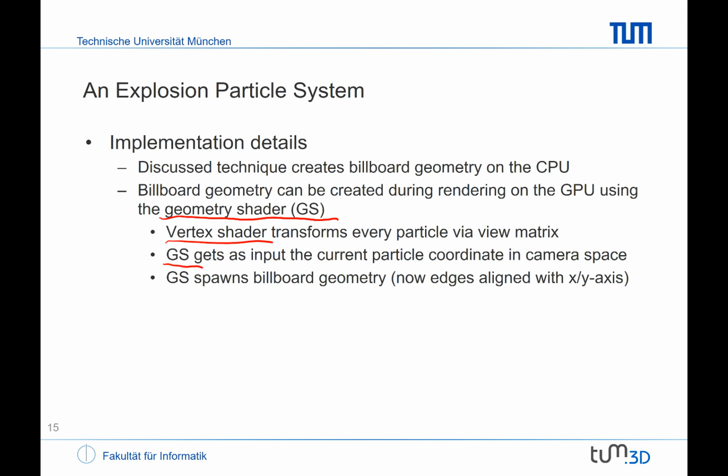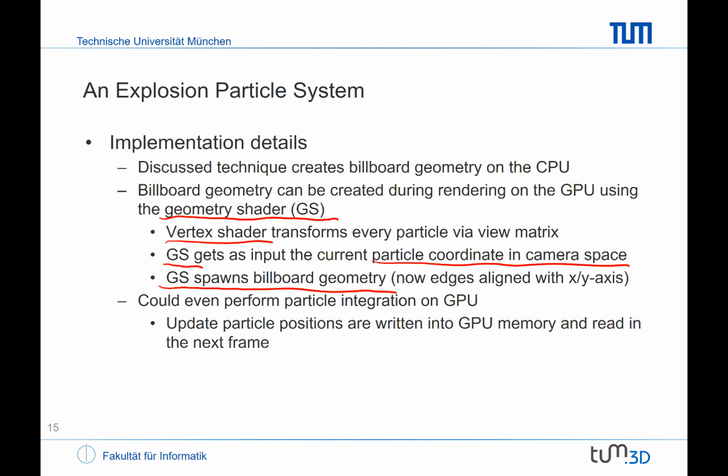The geometry shader then gets as input the current particle coordinate in camera space, and then the GS simply spawns the billboard geometry and aligns the edges with the appropriate axis. If we are already in view space or camera space, then we just use the right and the up vector of the camera space, which have been issued as shader parameters that can be used.